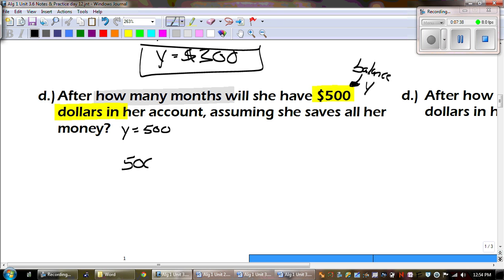So we would set that up as y equals 500, or 500 equals 50x plus 100. So now we have to solve. What would I do? Well, the first thing we would want to do is get rid of that 100, because we want to get the x by itself. 500 minus 100 gives us 400.